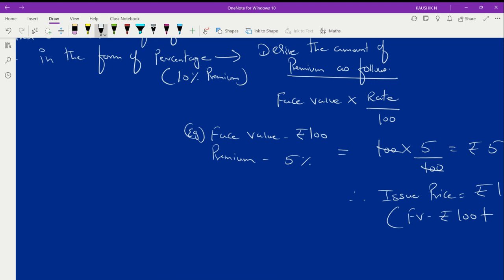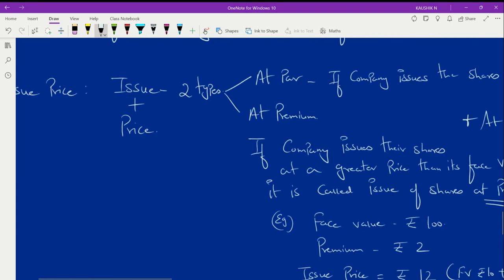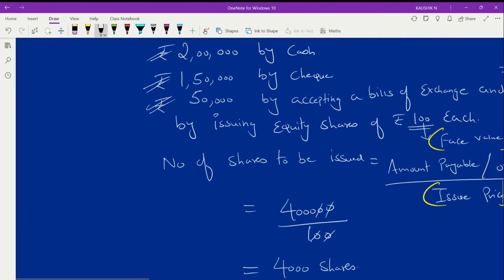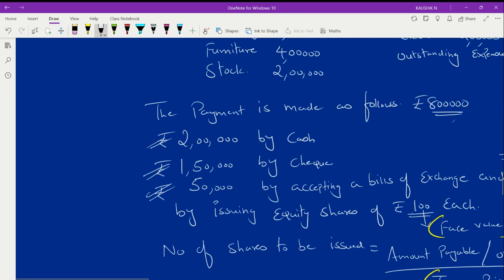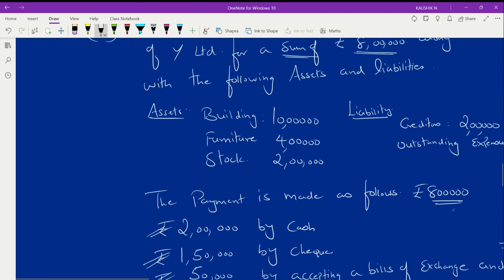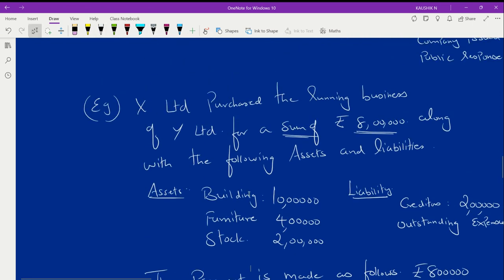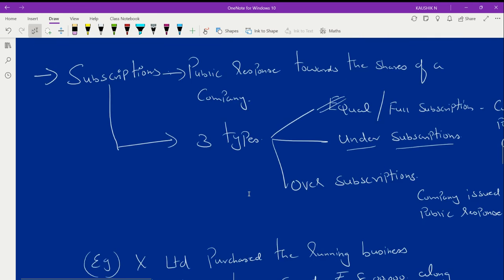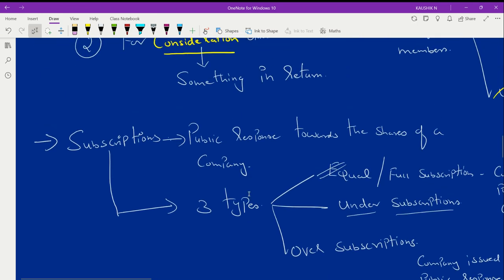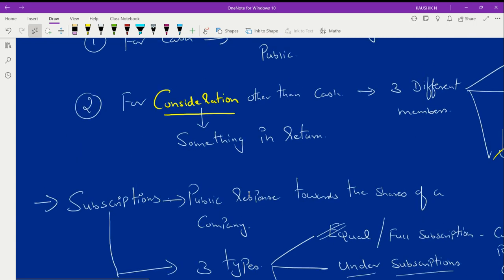Okay. So, as of now, we have discussed today what is a share, what is share capital, what are the types of shares, who is a shareholder, how you can issue the shares, what is a subscription, what is a face value, what is meant by premium, how the premium can be calculated when the value is given directly and when it is not given directly.